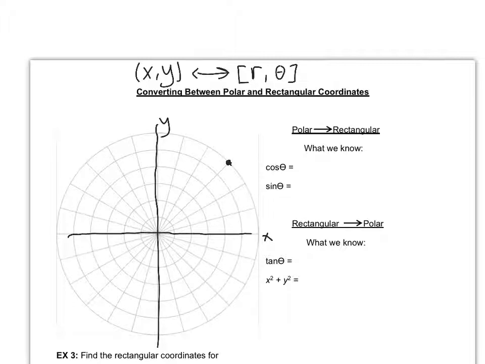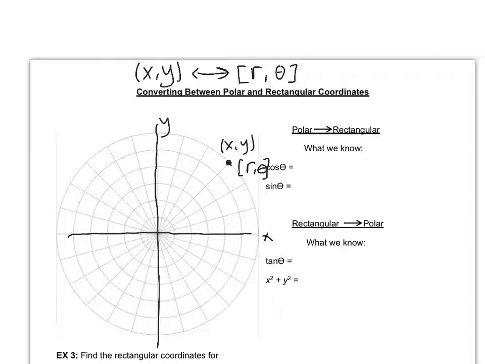So if I'm plotting a point here in Cartesian world, I would represent that single point with the coordinate x, y, depending on what x and y were right there. I can talk about that exact same location using r and theta, and we're going to see how to go from one to the other.